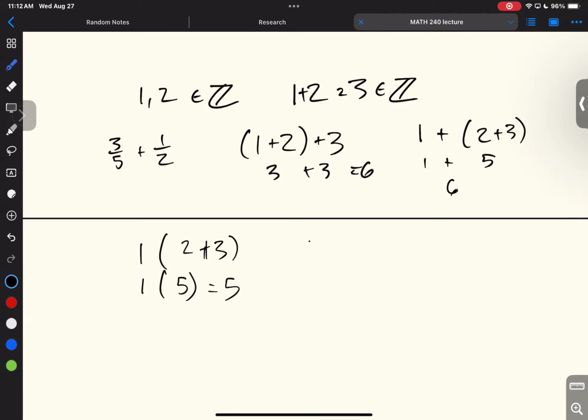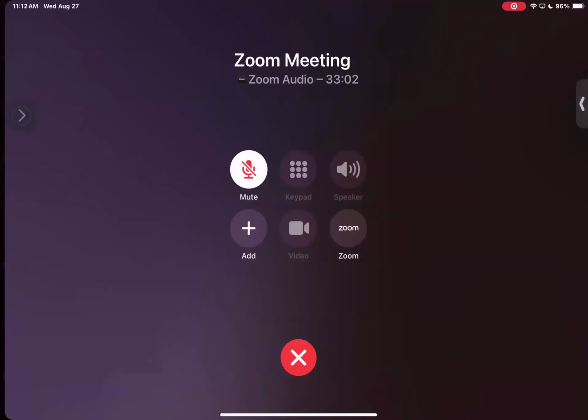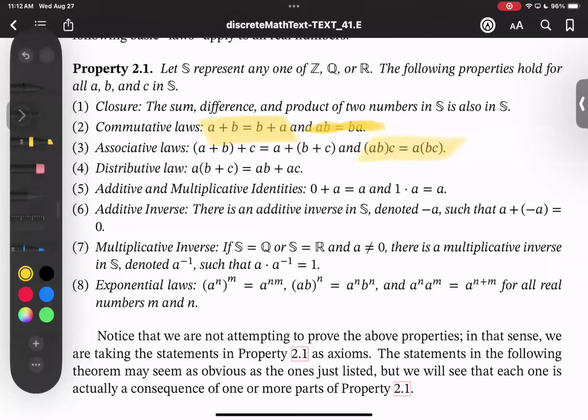And we assume that that's the same as 1 times 2 plus 1 times 3, which is just 2 plus 3, which is 5. So this is a property that we assume will always hold for any number in our integers, rationals, or real numbers.